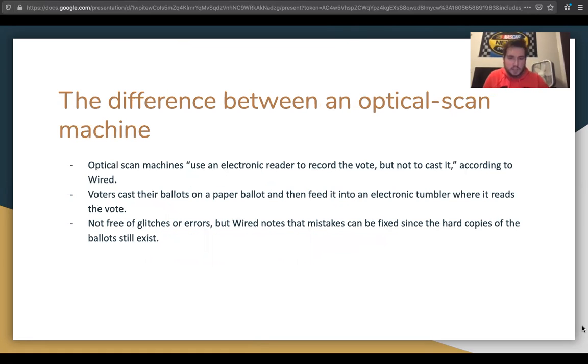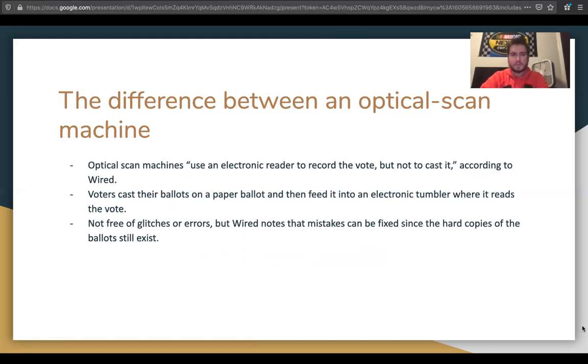So we continue on looking at the difference between an e-voting machine, that should say, and an optical scanning machine. Optical scan machines, you'll see those in a lot of polling places, but those are not used for actually casting ballots. Optical scan machines, as you see, per Wired, use an electronic reader to record the vote, but not to cast it.